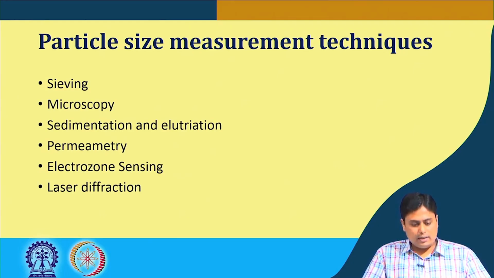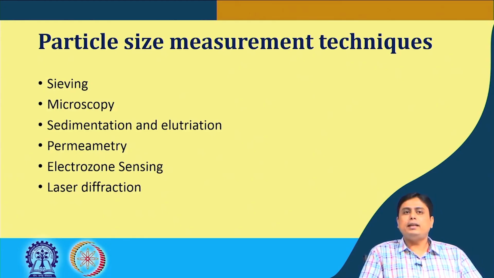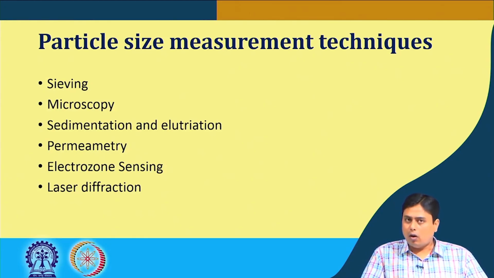These classifications or measurement techniques are not arbitrary. They cannot be applied for the whole size range of particles. They are limited to a particular size range. For example, sieving or screening can be done for the size range of more than 50 micron or so. Beyond that, you cannot sieve.